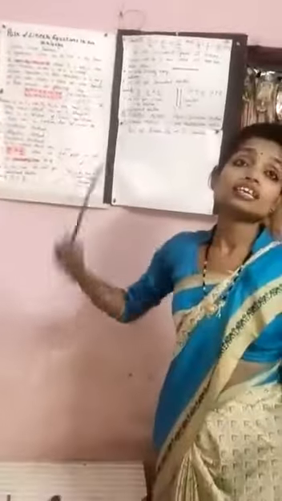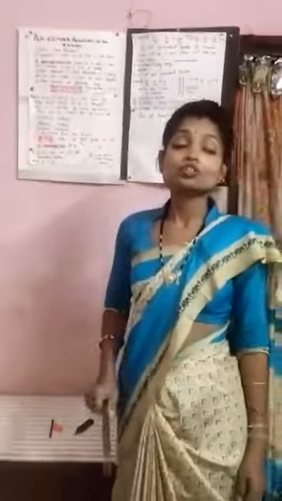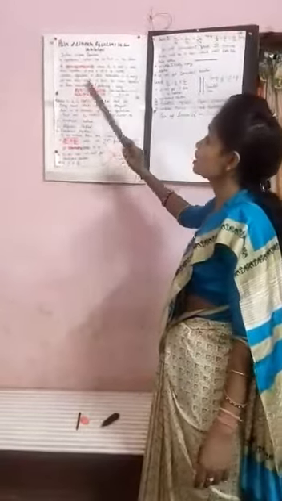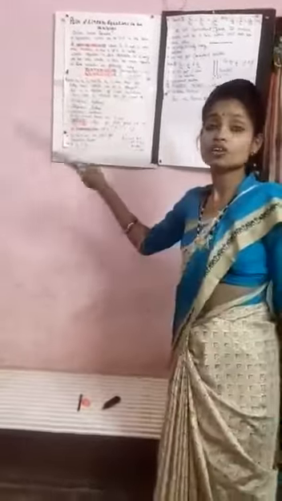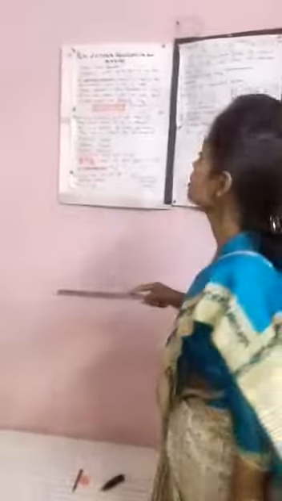If it is 0, then it will not be a linear equation. So keep in mind that a1, a2, b1, b2 should not be equal to 0. You can take any counting number.